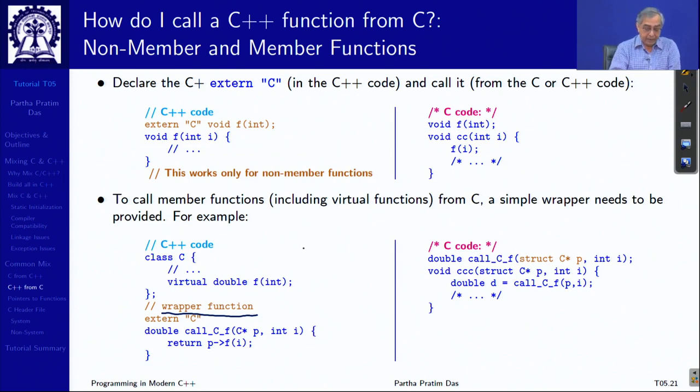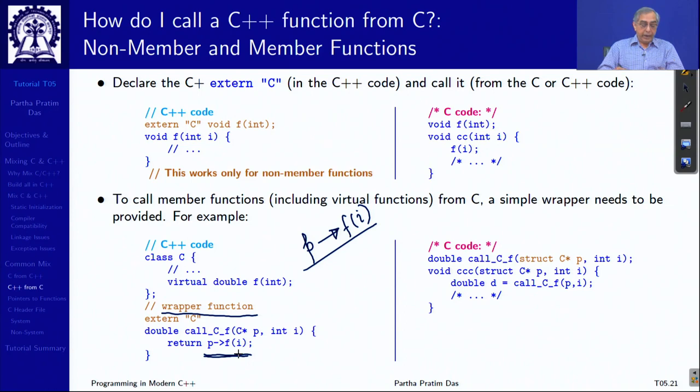That is, if P is an object pointer and you want to call the function f, which is a member function of the class of which P's pointed object is an instance, then you want to make this call. Now, in C there is no way to make this call, right.